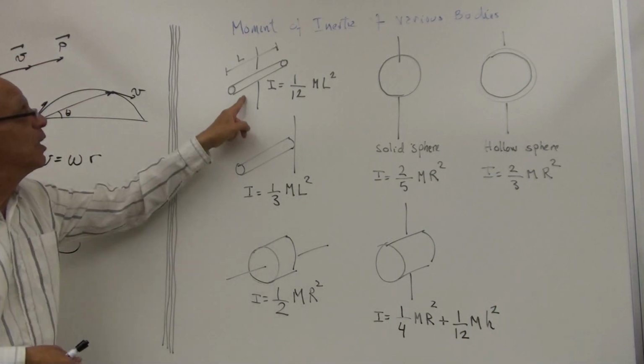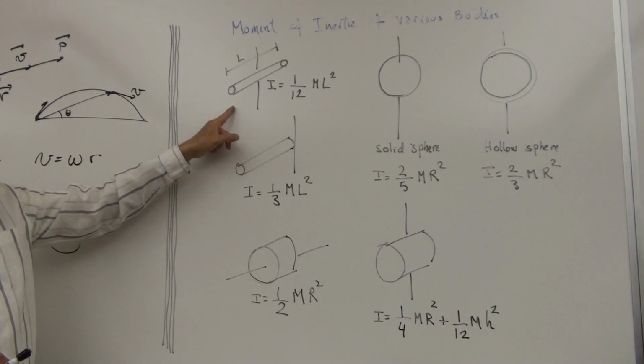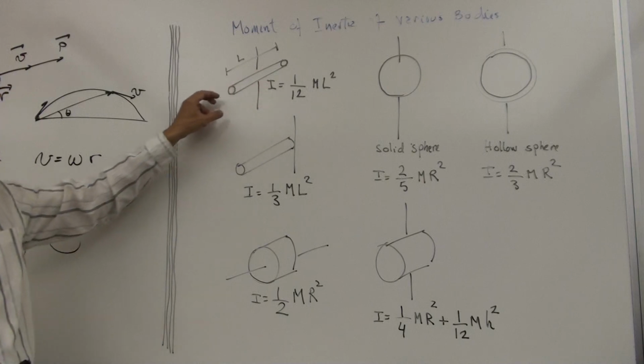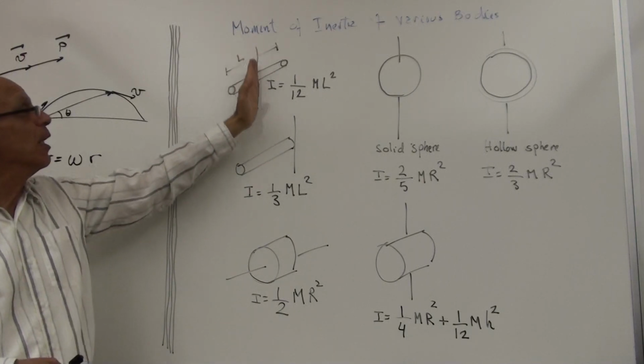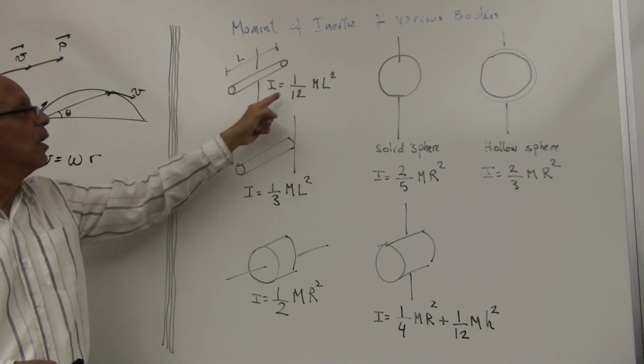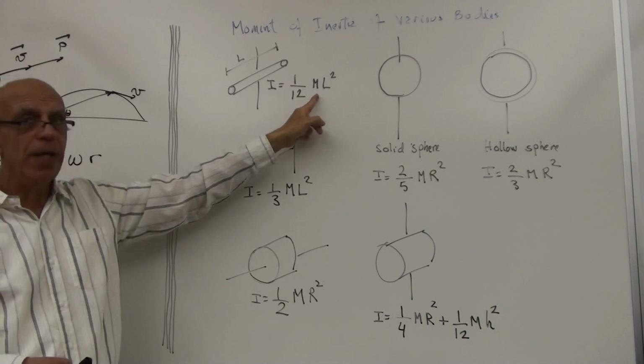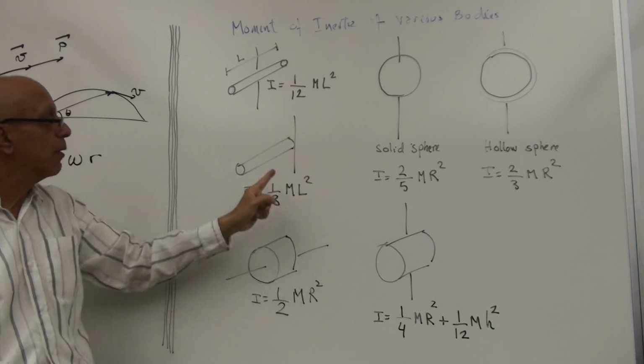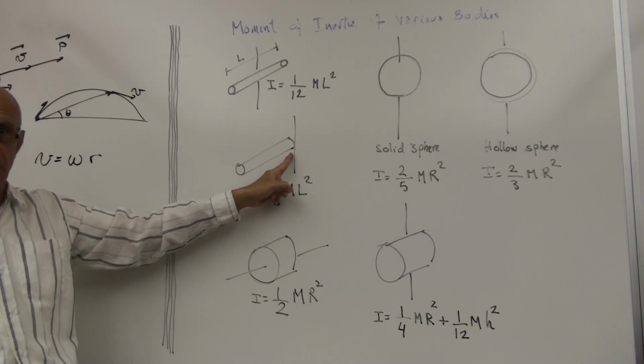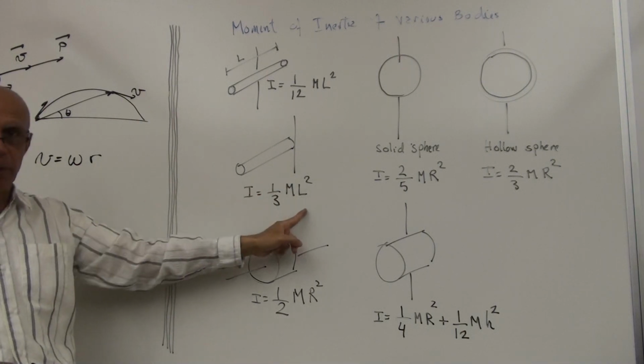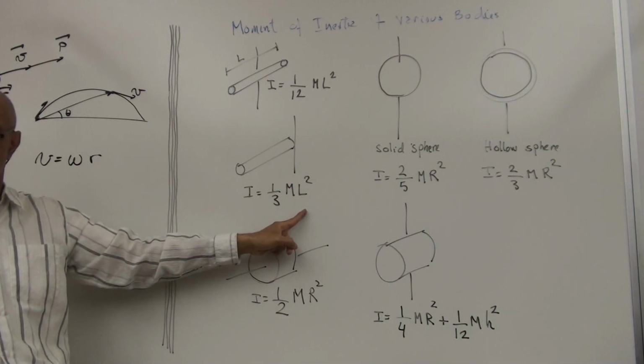And this here is like a bar, a cylinder. If I'm rotating at the center, the formula is 1/12 ml squared. But if the axis is on the side, the moment of inertia is a different formula.